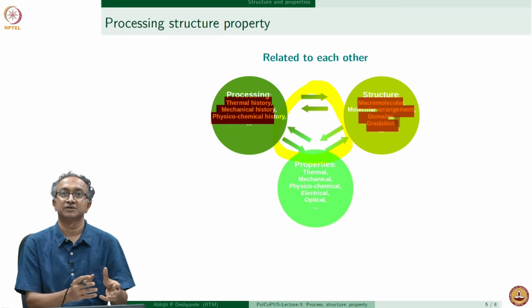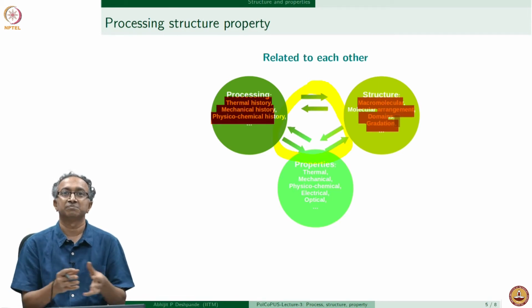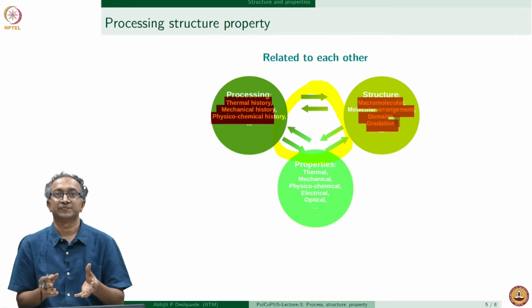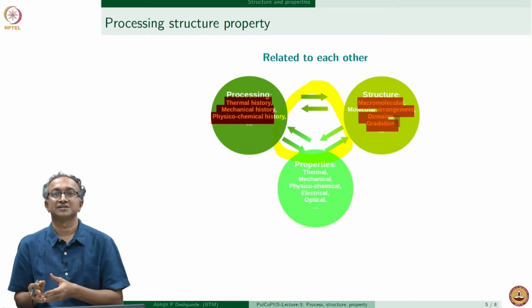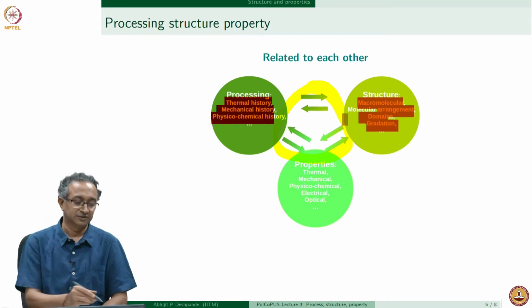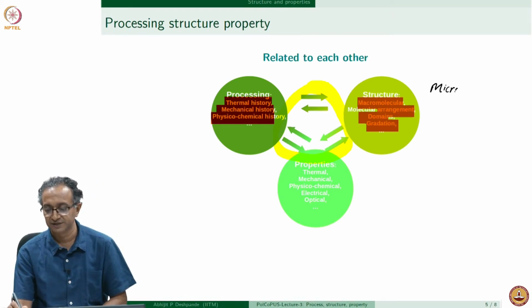One part of the component may have a lot more fiber compared to the other part. So therefore there is a gradation in terms of structure. One part of the component may be more crystalline compared to the other part. So that's why it's called microstructure. We many times refer to not just structure but microstructure, because in this case we are interested in microscopic details of the structure.